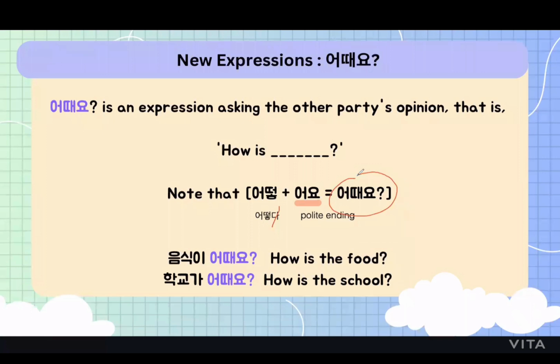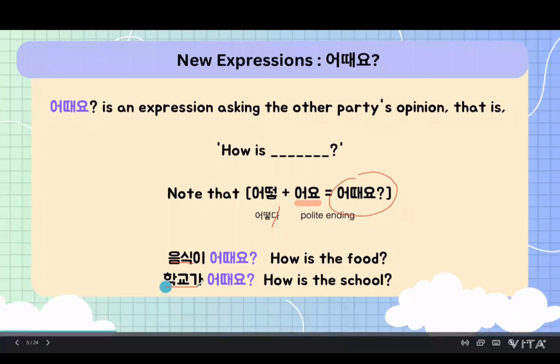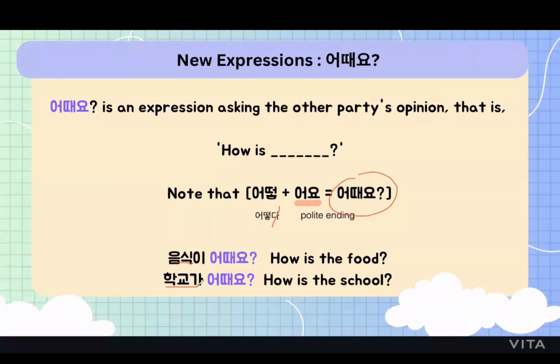So, how is? 자, for example, look at the two examples. 음식이 어때요? 자, 음식, it means food죠. So, how is the food? 학교가 어때요? It means how is the school? 그래서 you can use that 어때요? When you want to ask someone's opinion.